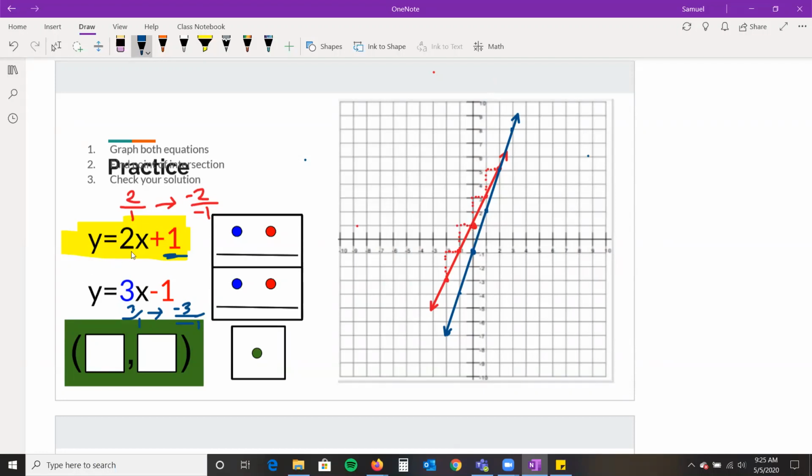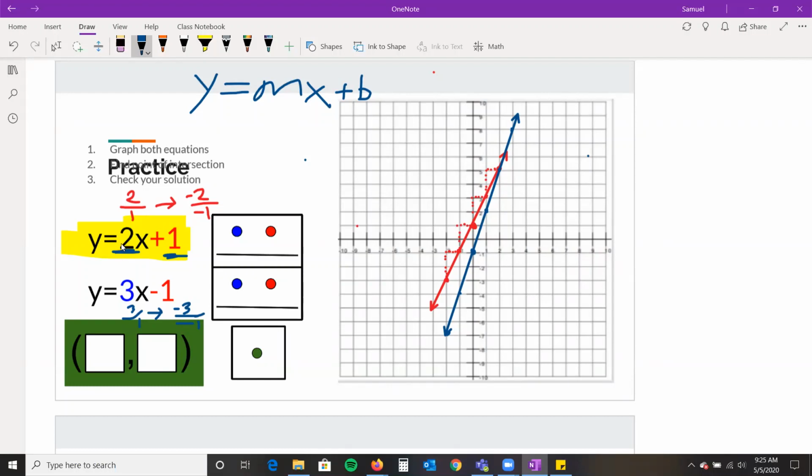And then I said, what's my slope? It's going to come right in front of the x, right? Because don't forget our formula for linear equations is y equals mx plus b, where b is the y-intercept, and whatever's in front of the x is the slope.